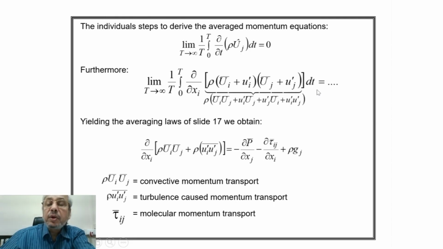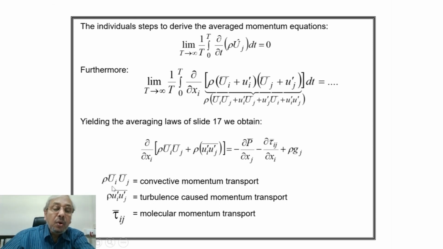After the overbar operation, this term will be there, this term will be there, and these two terms will not be there. So we will get del xi rho ui bar into uj bar plus rho ui prime into uj prime over bar equal to minus del xj of p bar minus del xi of tau ij bar plus rho gj.